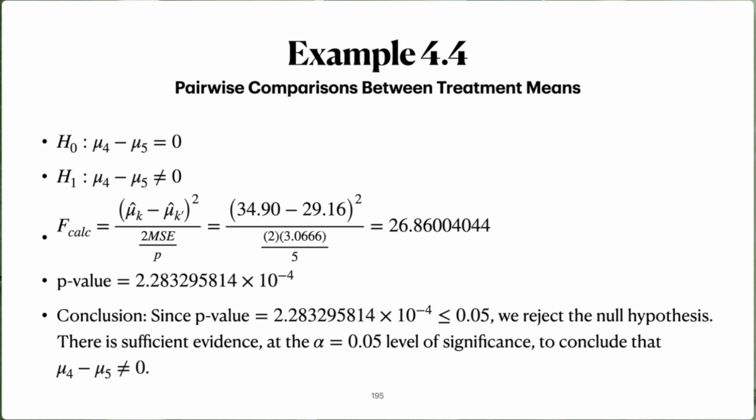Again, that's quite small, certainly less than 0.05, and so we would, in this case, reject the null hypothesis. And so we conclude there is sufficient evidence at the 0.05 level of significance to conclude that mu4 minus mu5 is not equal to 0, or equivalently, that mu4 and mu5 are different.